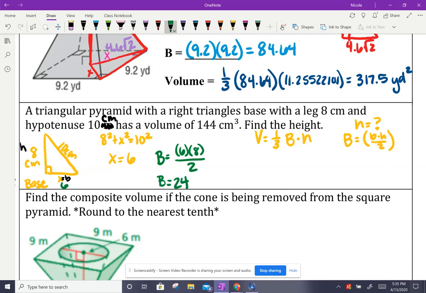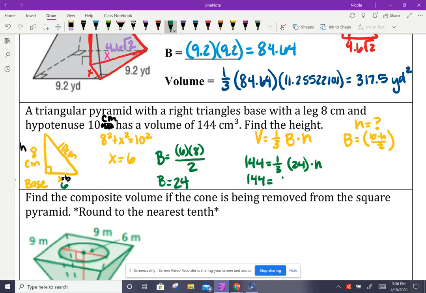So I'm going to take that 24 and plug it into our formula. Our volume was provided as 144, so 144 equals 1/3 times 24 times height. However you choose to balance this can be different. You can get rid of the 1/3 by multiplying each side by 3 first, or you can multiply the 24 by 1/3, which is what I'm going to do. That gives me 8.